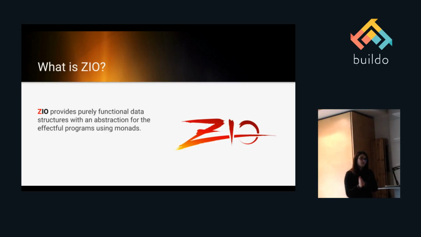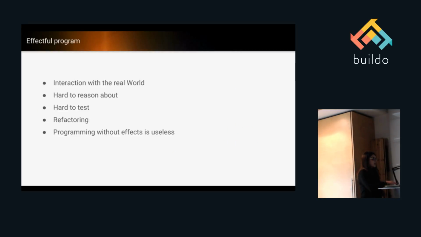So we need to understand what effectful programs are. It's the cause of a change outside the system of your program itself. It's an interaction with the real world, like writing to a file, or reading from a file, or raising an error, or writing to the console, or opening an HTTP connection.